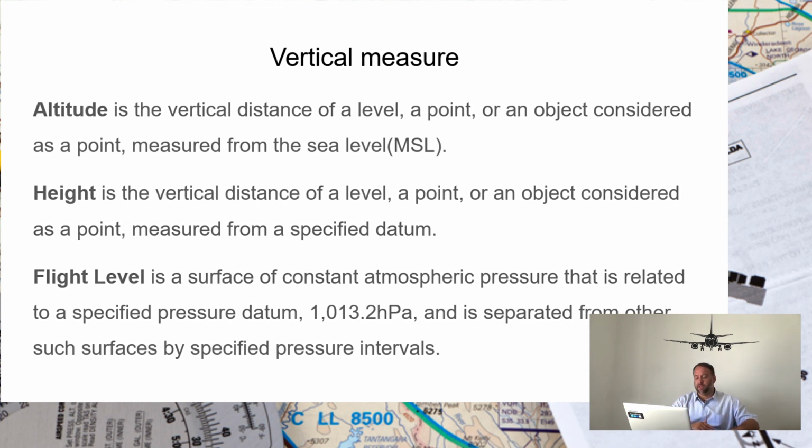Flight level, we use it even in Portuguese, is a surface of constant atmospheric pressure that is related to a specified pressure datum, 1013.2 hectopascals, and is separated from other such surfaces by specified pressure intervals.